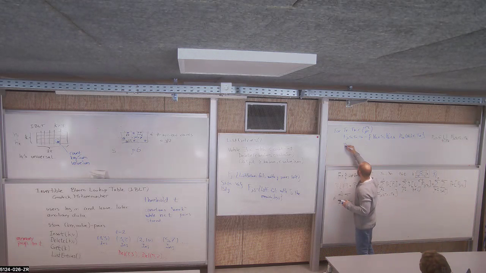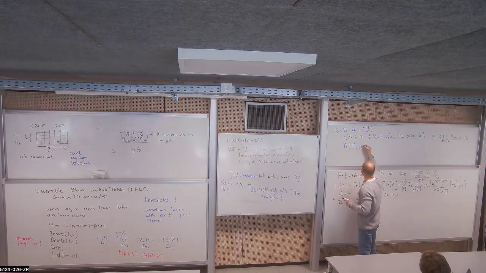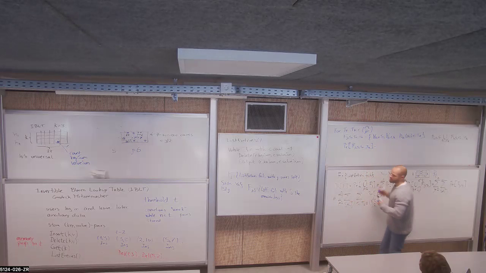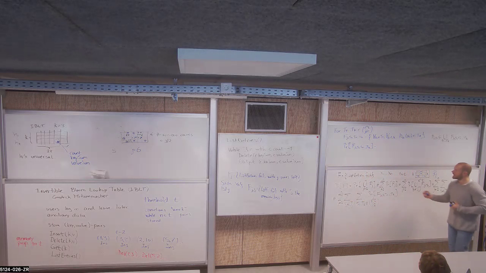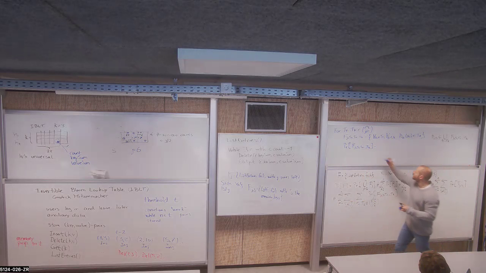So let's have a look at this one. What is the probability? And here universal is not enough. Let's say we have a truly random hash function, meaning that all the hash values are independent.